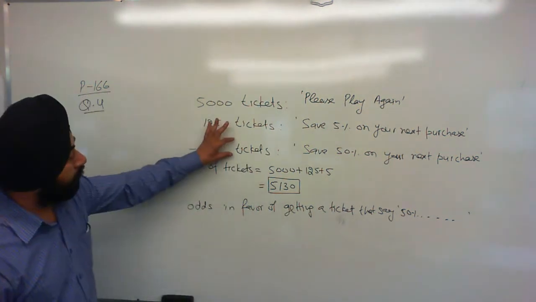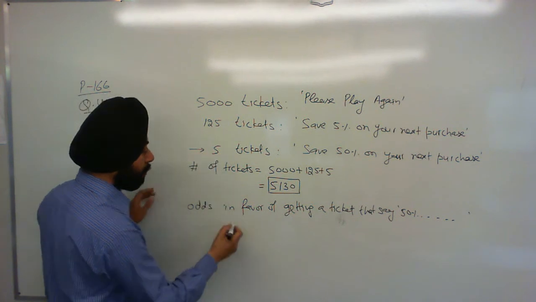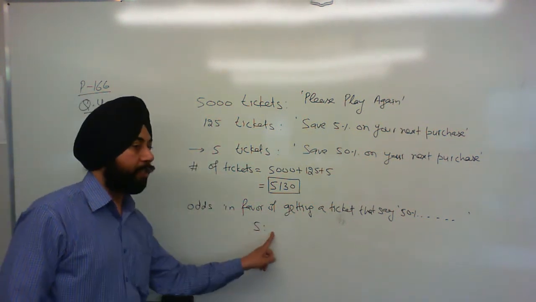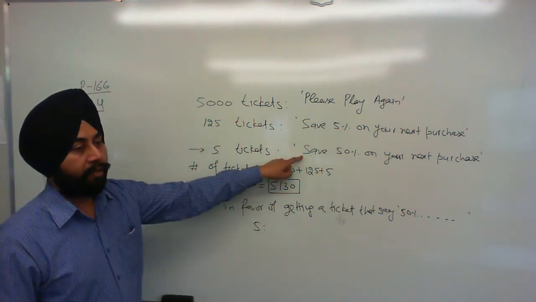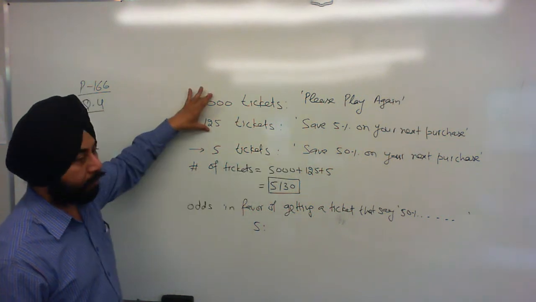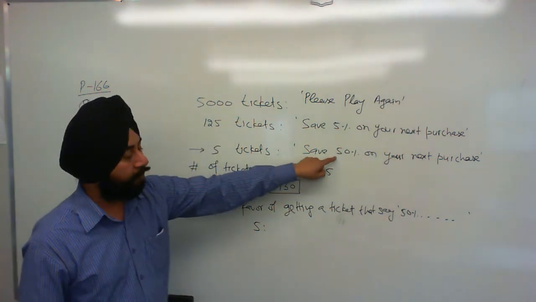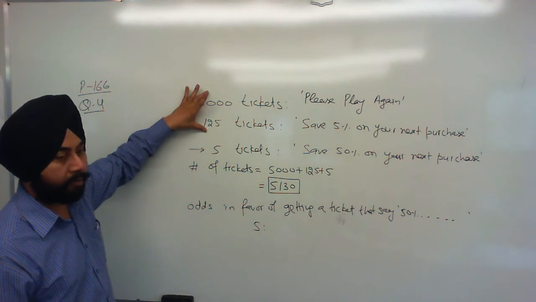So the odds in favor of getting a ticket that says 50% on your next purchase: how many tickets are there? 5 tickets. So this is in favor, and what's against it? How many tickets don't say 50%? 5,000 plus 125, because just 5 tickets say 50%, and both of these types don't say 50%.